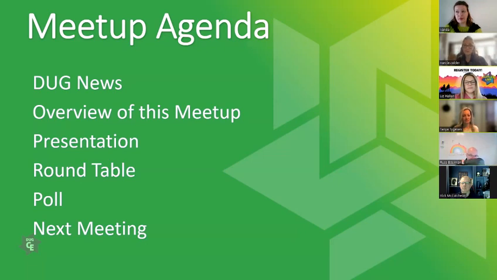This is a brain trust of people who work in the enterprise space delivering Dynamics. So what's on your mind? Do you have problems that you want to solve? Then Tanya's going to take the helm and talk a little bit about a poll that we want to run, because this is a community, and we really want to hear what you have to say about what you want to hear and what you want to talk about. So let's have this community help set the agenda for our future meetings, and then we'll talk a little bit about what's coming next.